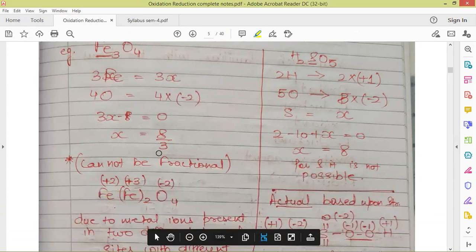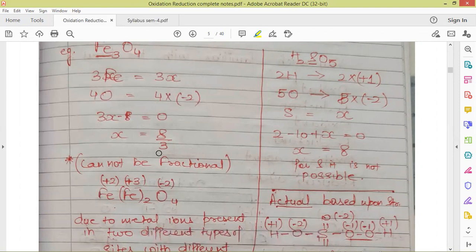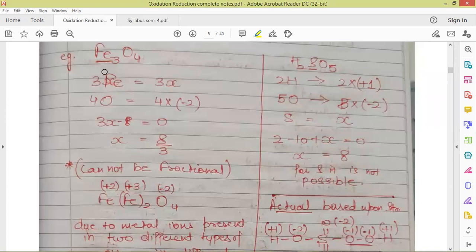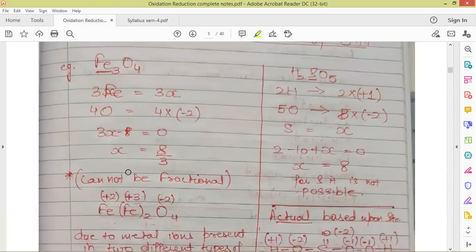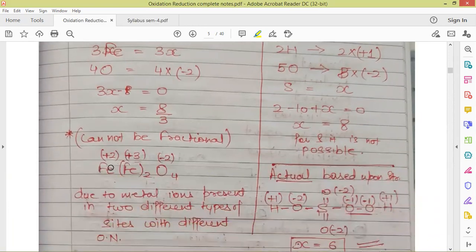So for some compounds, we need to consider the structure. In this case, there are 3 irons. 2 irons are having +3 oxidation state, and 1 iron is having +2 oxidation state. So this is how its structure is. This is a spinel ferrite, where one metal is in +2 oxidation state and 2 metals are in +3 oxidation state.